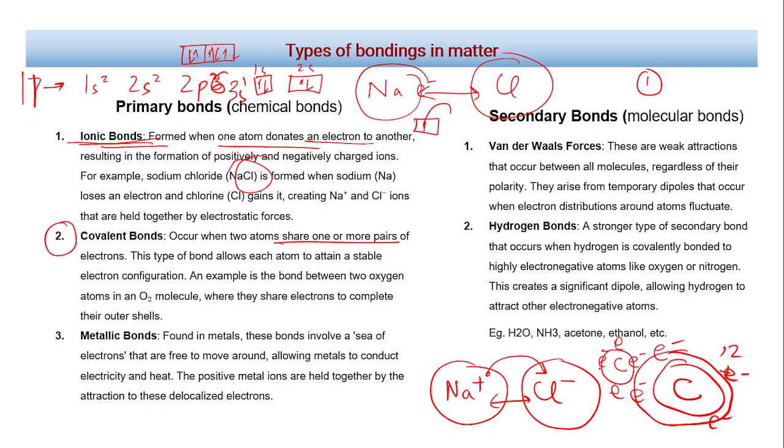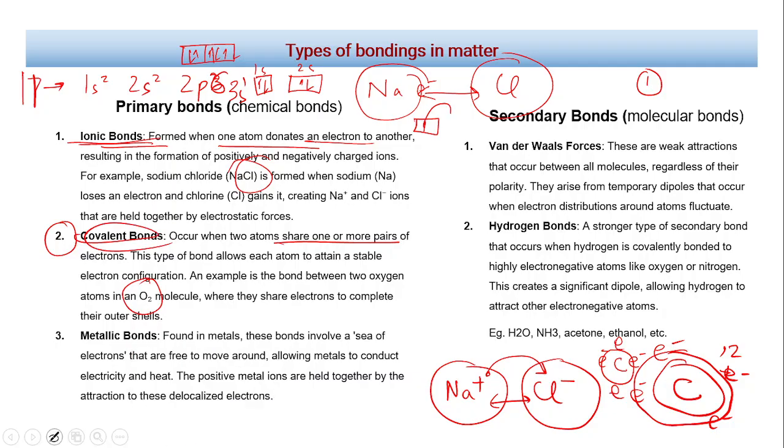If they share these 4 with each other, both will in a way get 8 electrons in their shell, and this way they bond together and attain a kind of stability. This is also seen in the O2 molecule, where they share electrons to complete their outer shells. So this is one type of bond called a covalent bond.